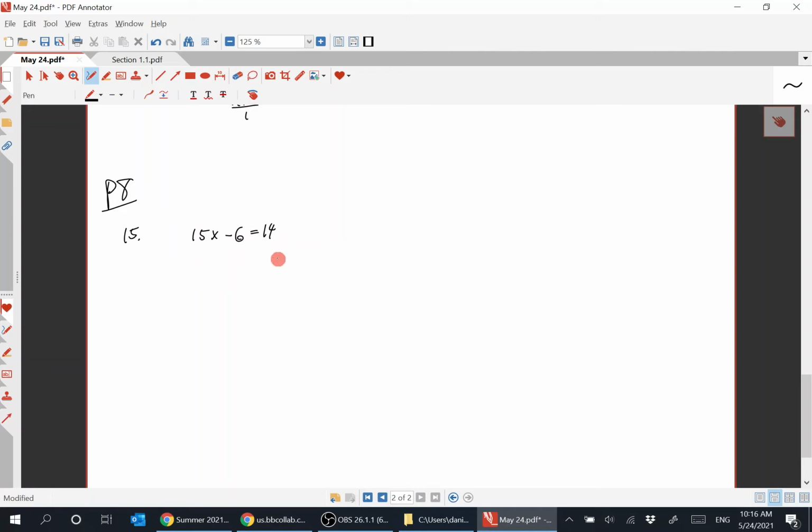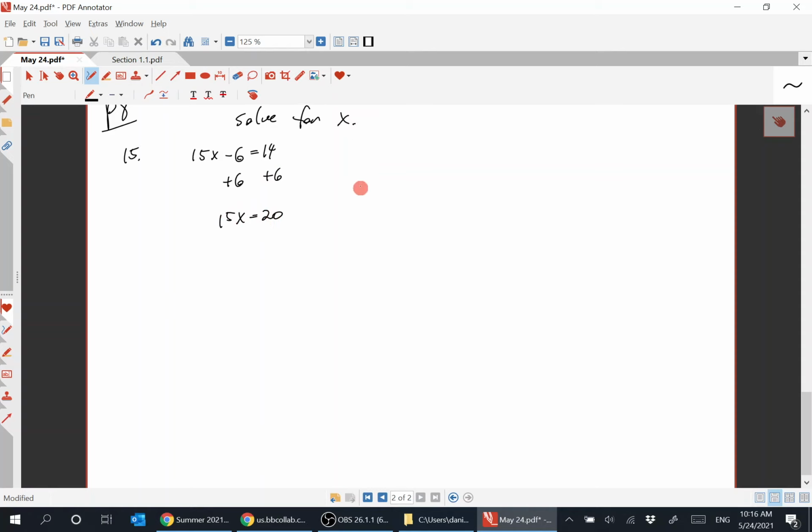And what you usually want to do with an equation is solve for whatever unknown quantity or quantities you might have in the equation. Here it's x. What we want to do is move the 6 over to the other side. So we add 6 to each side of the equation. We have 15x is 20.